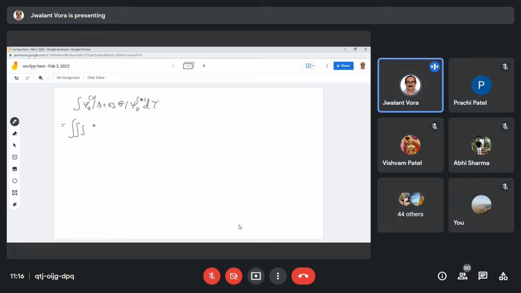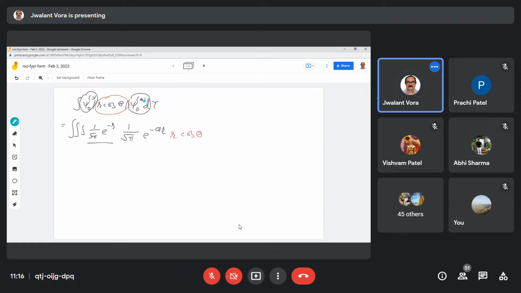So this is equal to 1 upon root pi into e raised to minus r, this value, into again this value, 1 upon root pi e raised to minus ar, now into r cos theta.